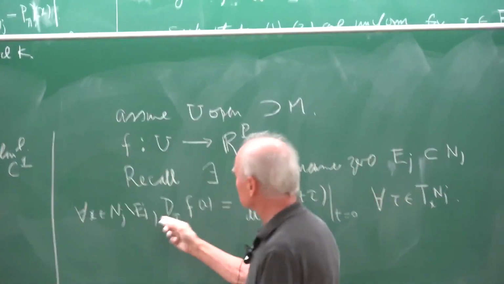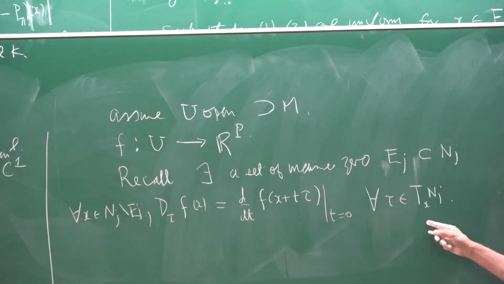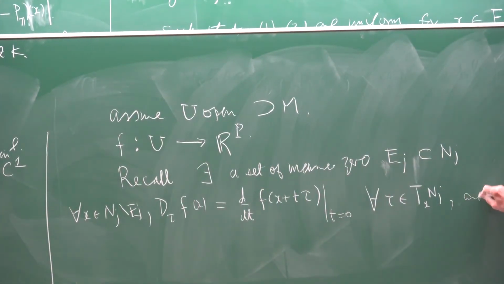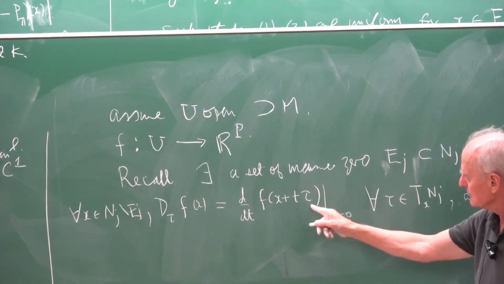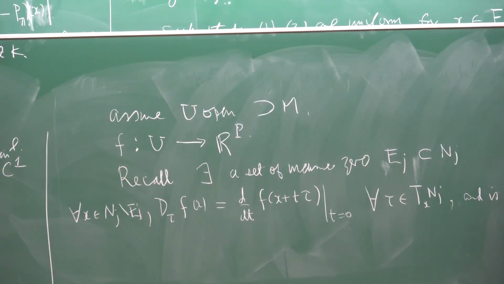You only have to leave out a set of measure 0, then all of these things exist, and it's linear. This is linear in tau. Remember, we proved that for the C^1 submanifolds.